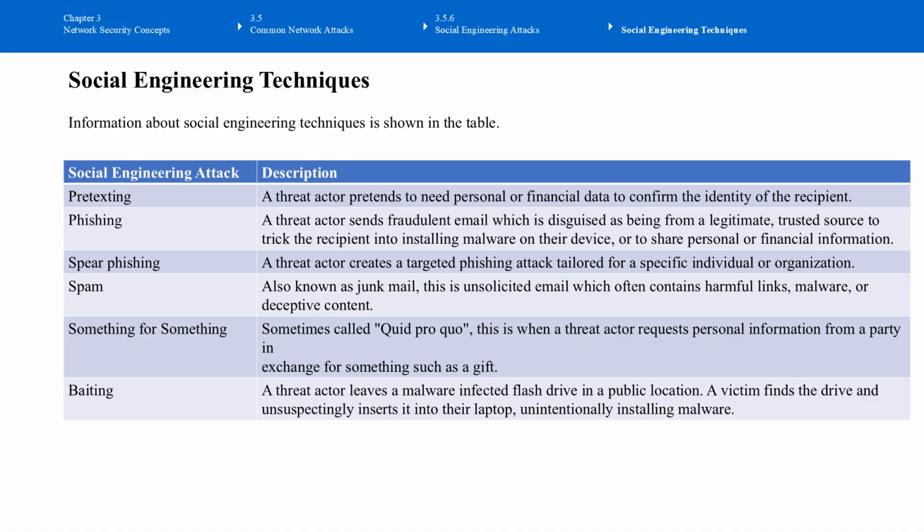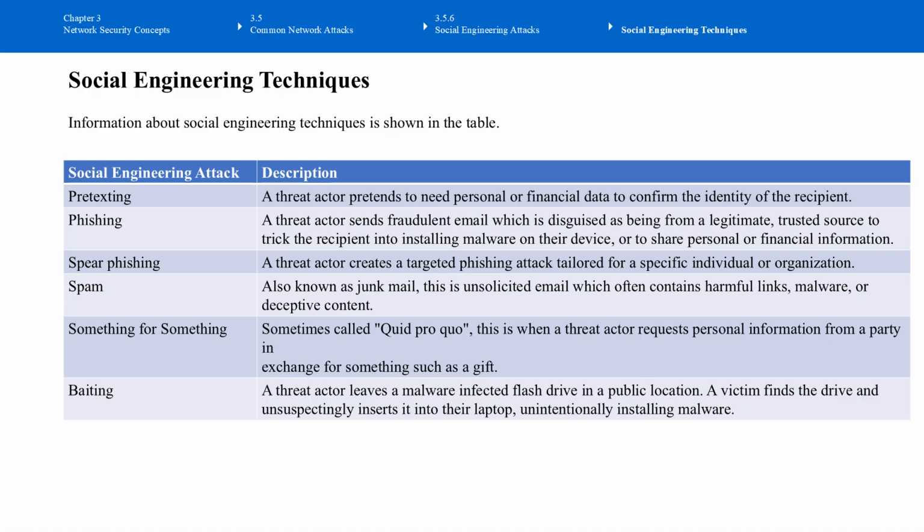Something for something, the quid pro quo. The attackers offer something in exchange for information or access. An example can be, give me this information and I will give you a gift. Baiting. The attacker uses something tempting to get the victim to take an action.